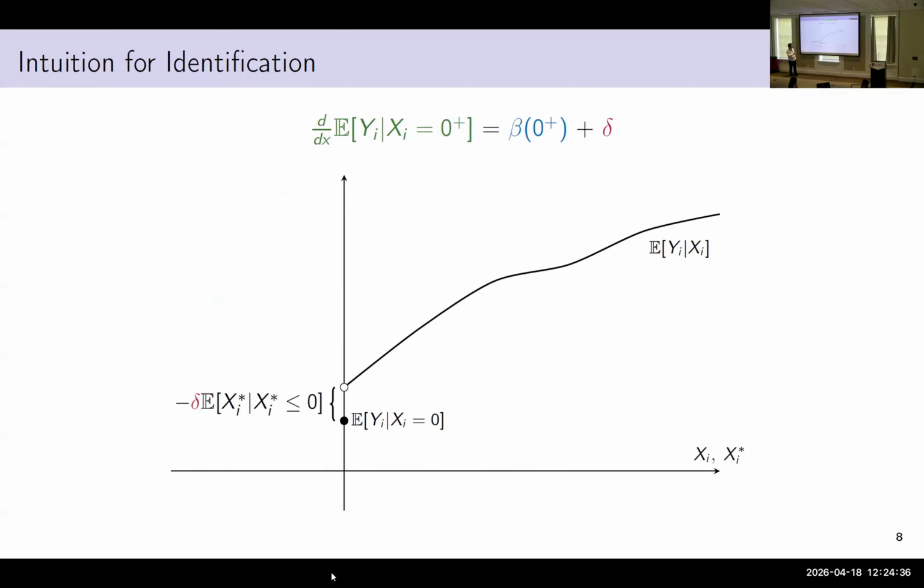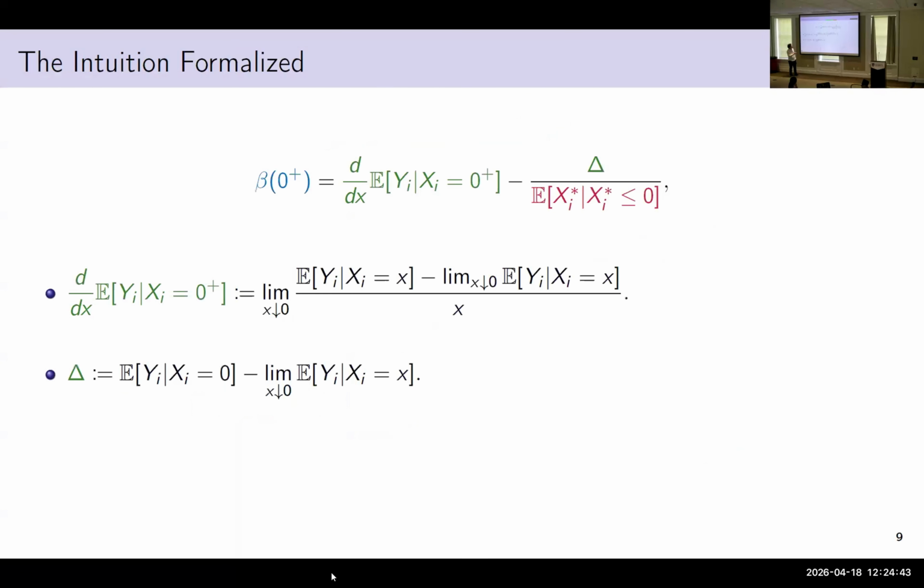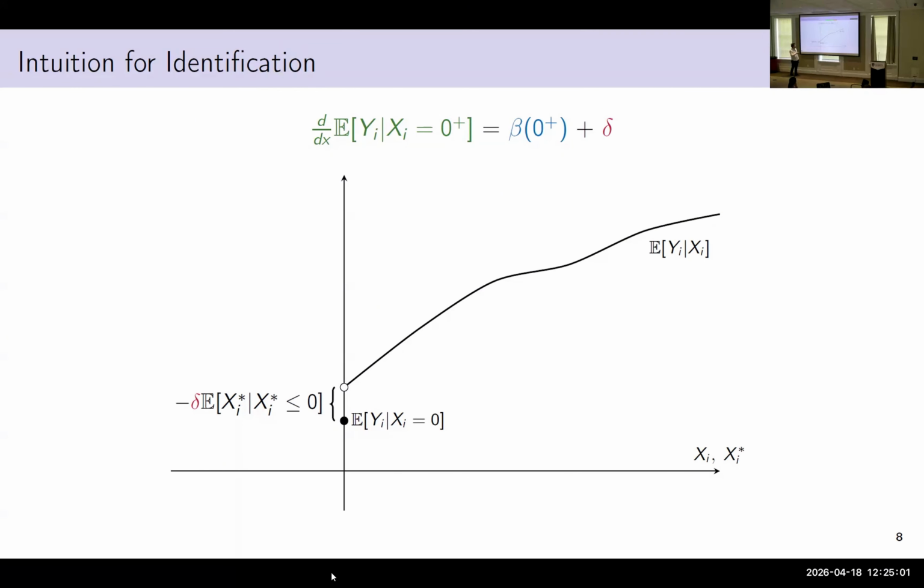I difference out the intercept component, taking the limit here. So this term here gives me delta. So this big delta gives me small delta times the expectation, and then I divide by the expectation to get the little delta. Does that make sense? It's basically a map. Linearity is used to map whatever selection term I had to the expectation here.